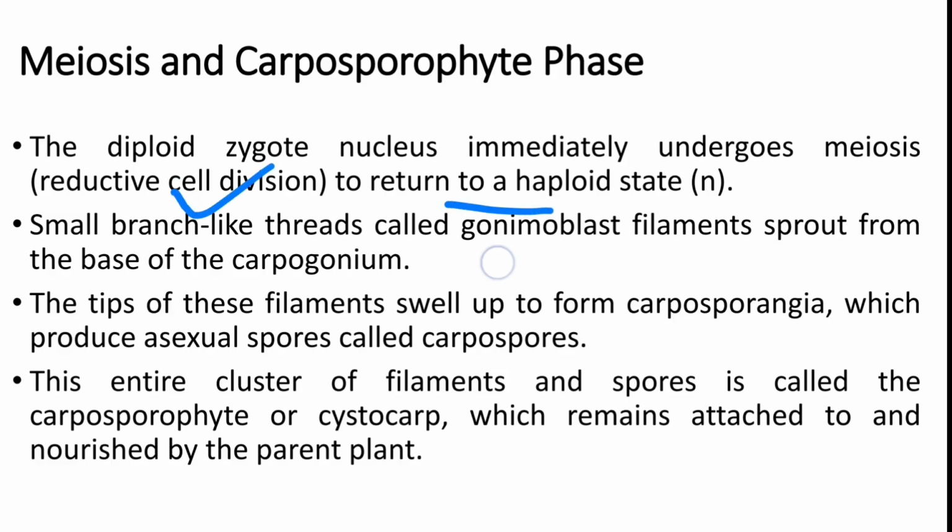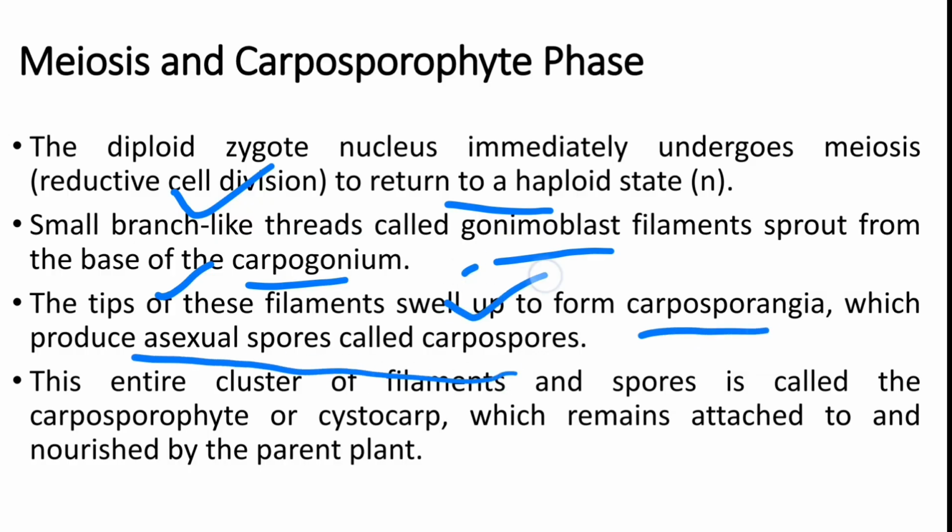Small branch-like threads called gonimoblast filaments sprout out from the base of the carpogonium. The tips of these filaments swell up to form carposporangia, which produce asexual spores called carpospores. The entire cluster is called carposporophyte or cystocarp, which remains attached to and nourished by the parent plant. So this carposporophyte is completely dependent on the female plant.